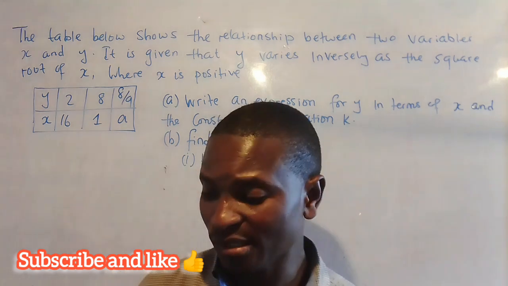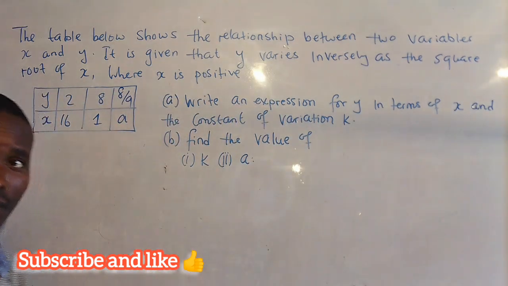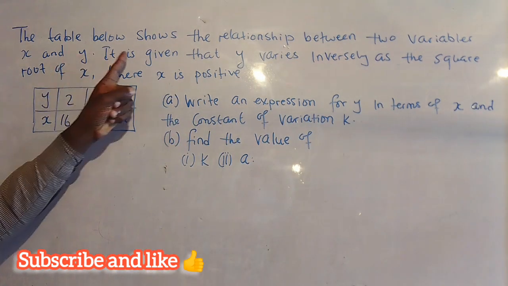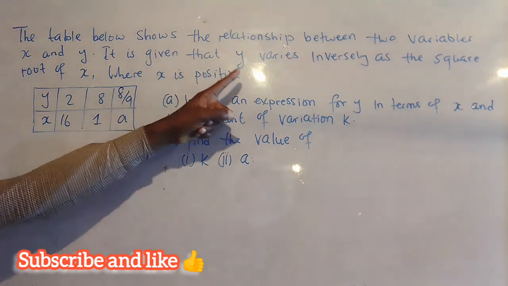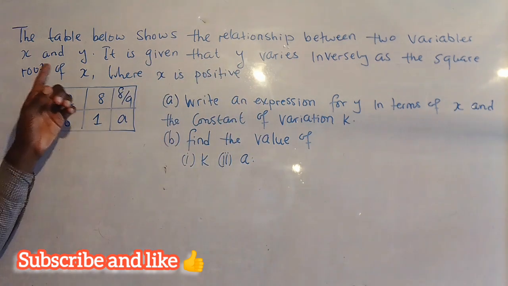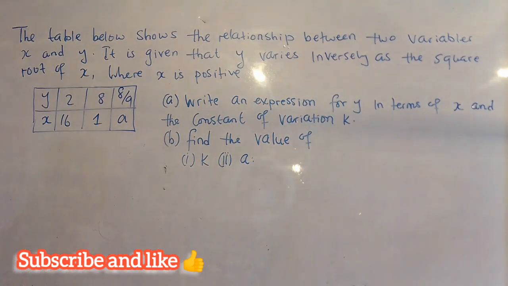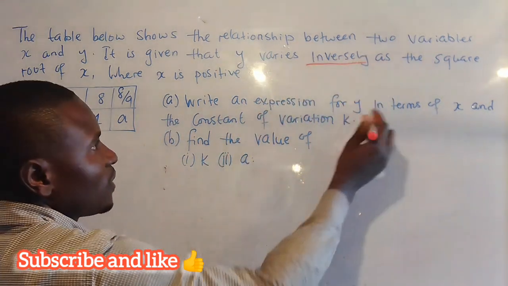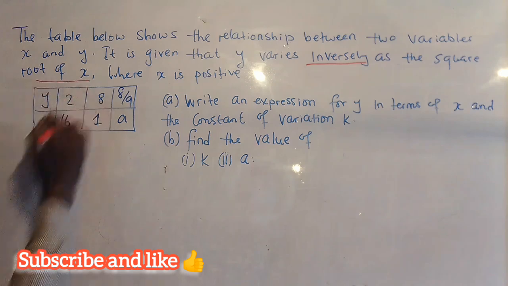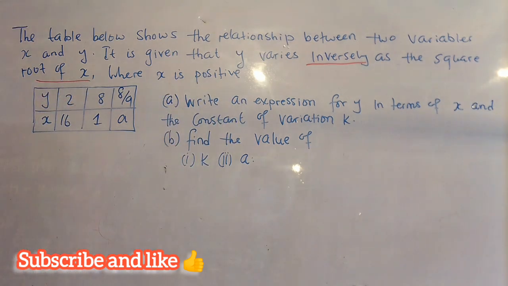So we can see the question on the board. The table below shows the relationship between two variables, x and y. It is given that y varies inversely as the square root of x, where x is positive.